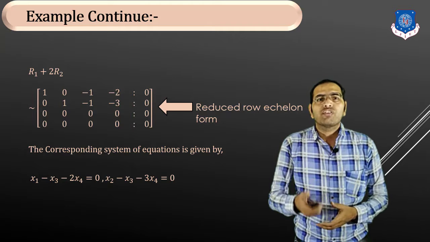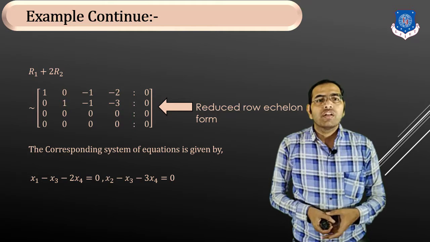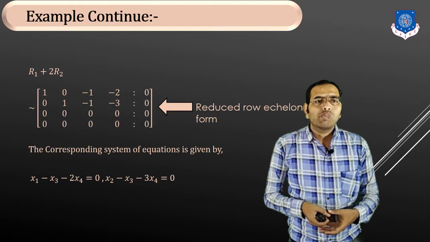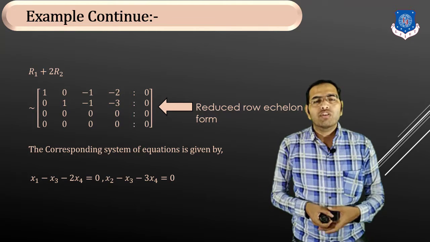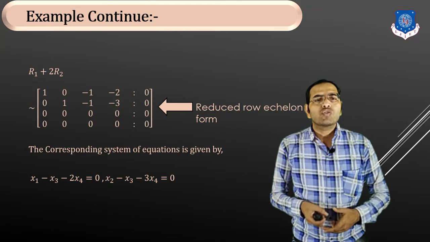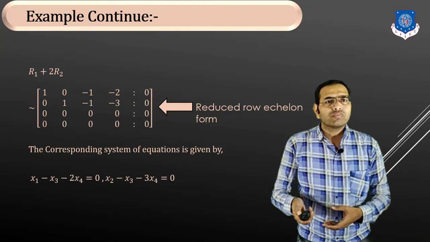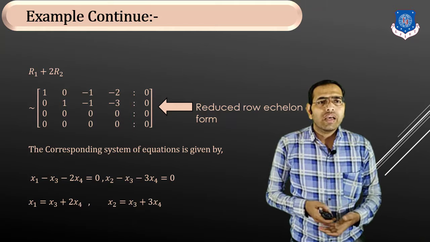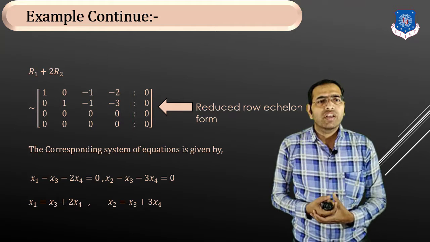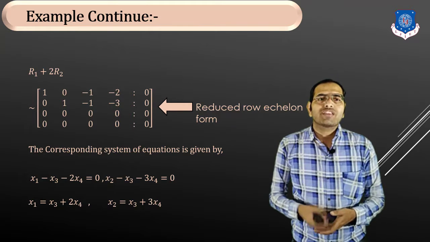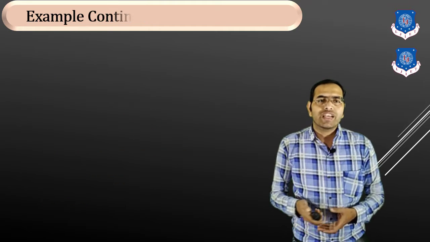Now let's see, the corresponding system of equations is given by x1 - x3 - 2x4 = 0, and another one is x2 - x3 - 3x4 = 0. For this simplification, our equations become x1 = x3 + 2x4 and x2 = x3 + 3x4.